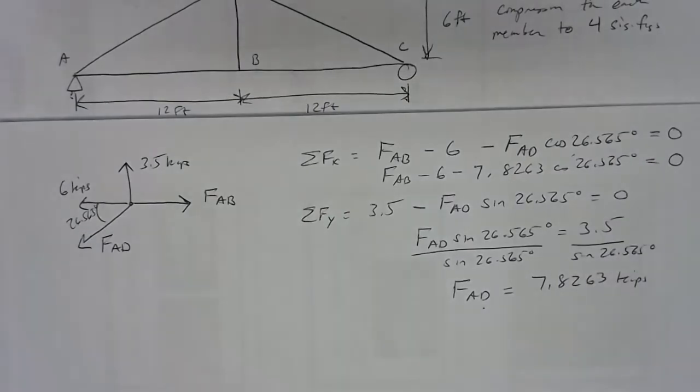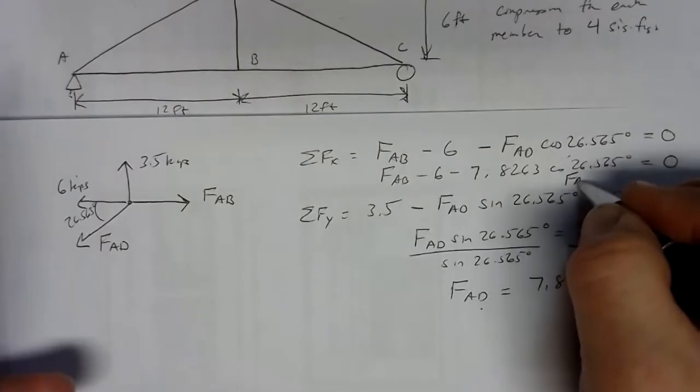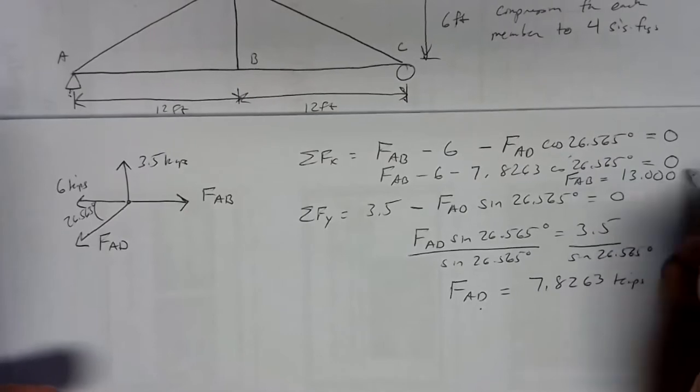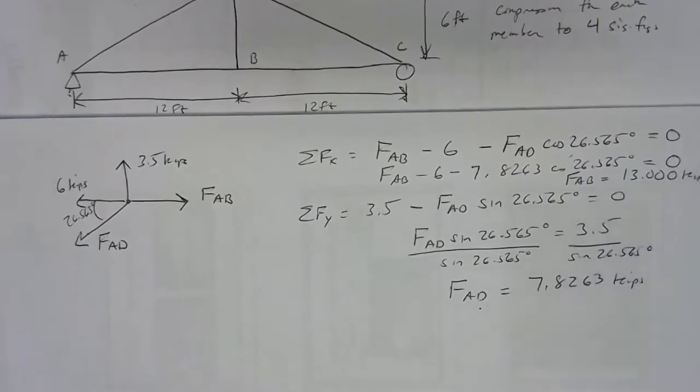And I'll trust you to work that out on your calculator, without going through the steps of the algebra. 7.8263 times the cosine of 26.565 gives us a little tiny bit more than 7. So 7 minus 6. So it looks like FAB comes out to be 13.000 kips.